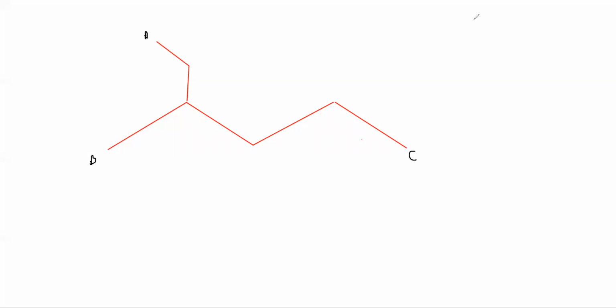When I count from A to B, there are 1, 2, 3, 4. A to B or B to A does not make a difference. But when I count from A to C, 1, 2, 3, 4, 5, 6. When I count from B to C, 1, 2, 3, 4, 5.